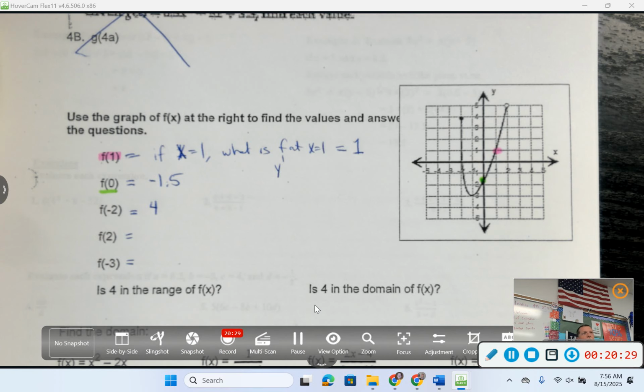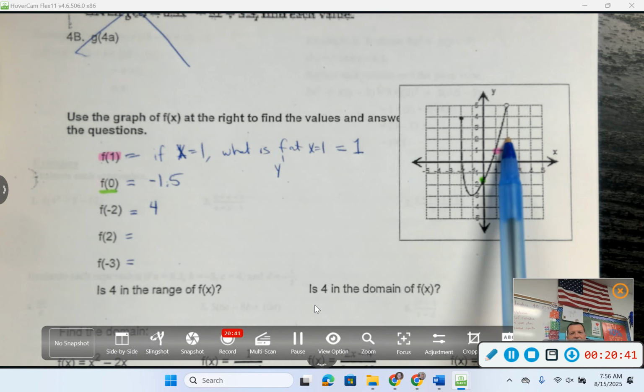How about f of 2? It's kind of a trick question. Here's x equals 2. What's my function at x equals 2? Well, it's an open circle, so it's not 5, because we don't get to 5.